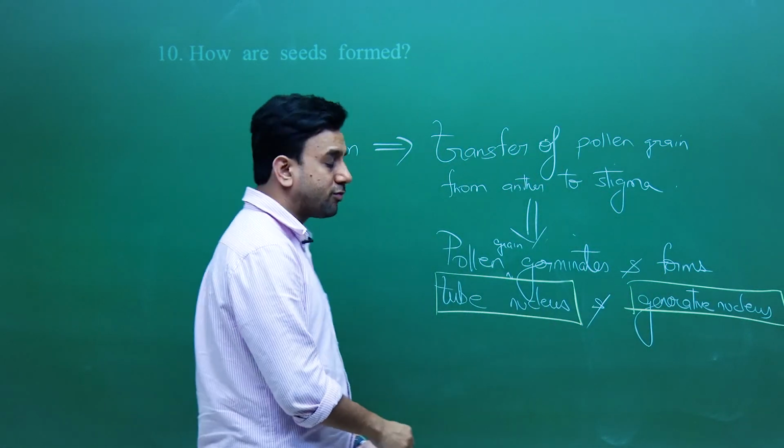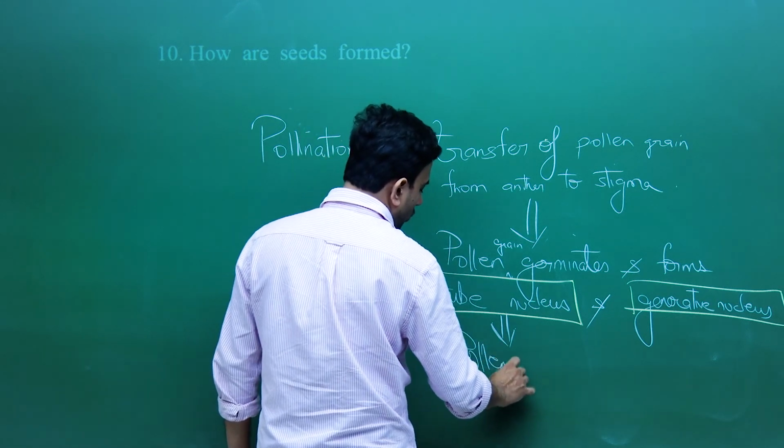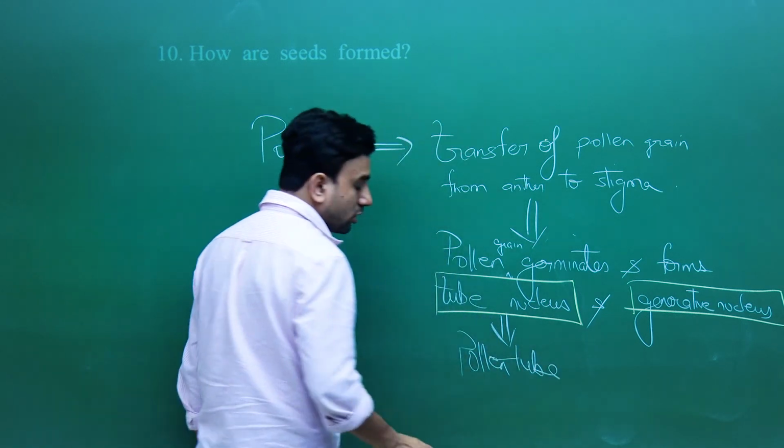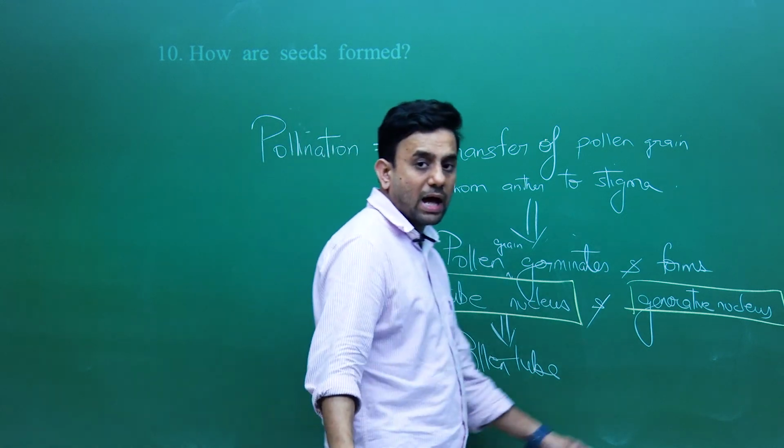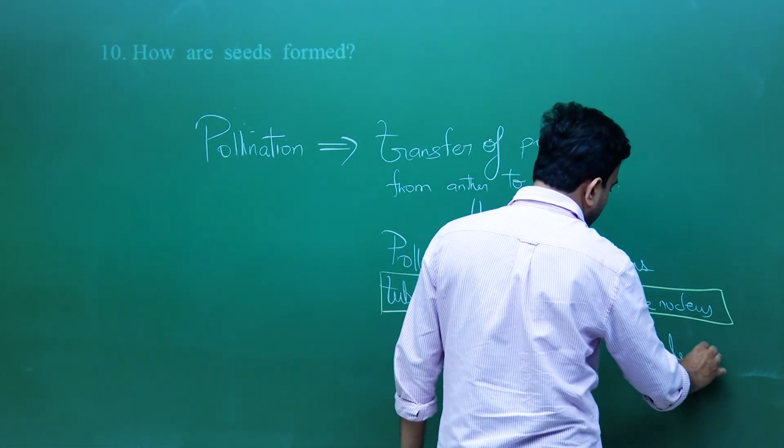Now, the tube nucleus will form the pollen tube, which goes all through the style, and the generative nucleus later divides into 2 male gametes.